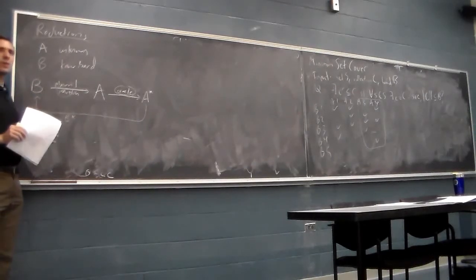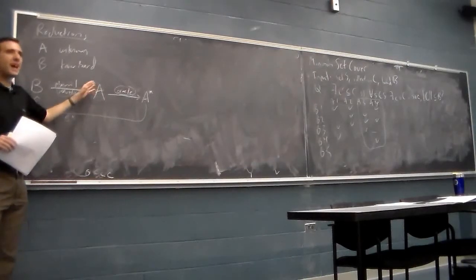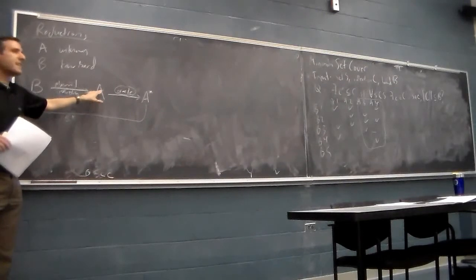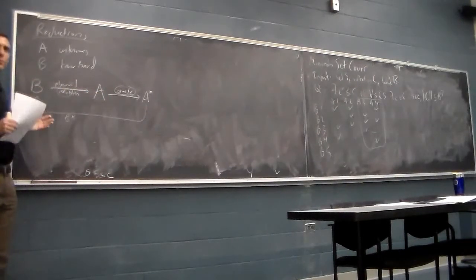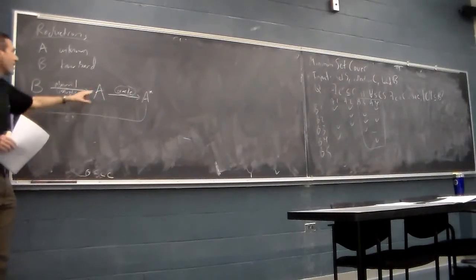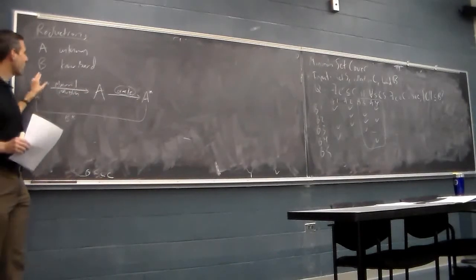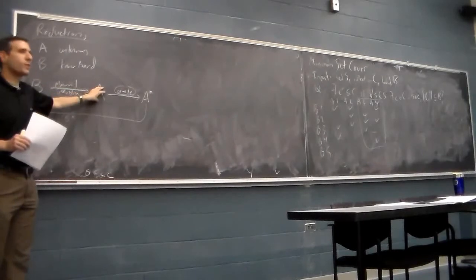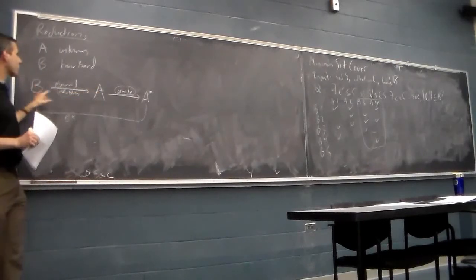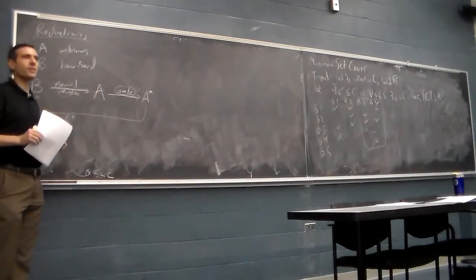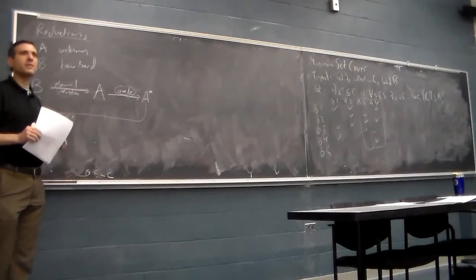And that doesn't work. It's actually not so hard to take an easy problem and turn it into a hard problem. That's pretty trivial to do. So you can't go in the opposite direction. That doesn't prove anything. You have to go from the problem you know is hard to the one you're not sure about, and that proves that the one you're not sure about is hard. That make sense to everyone?